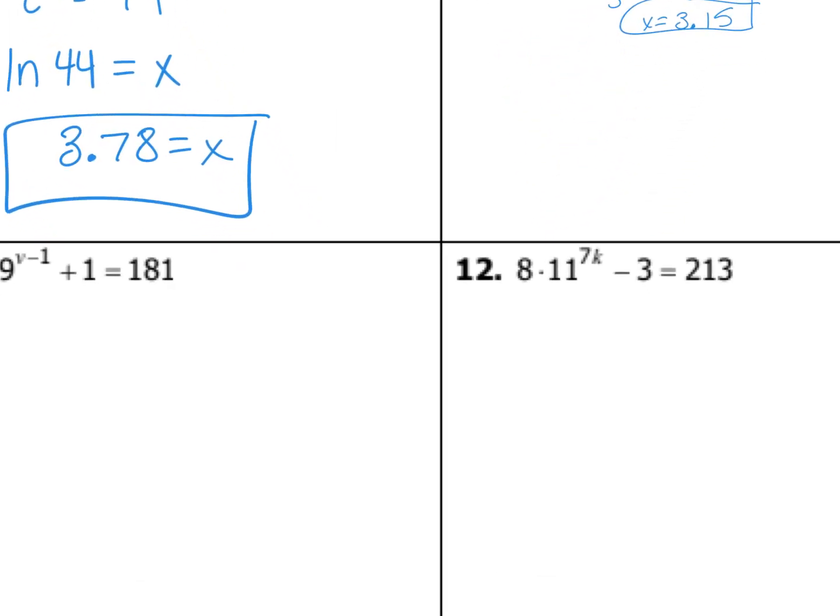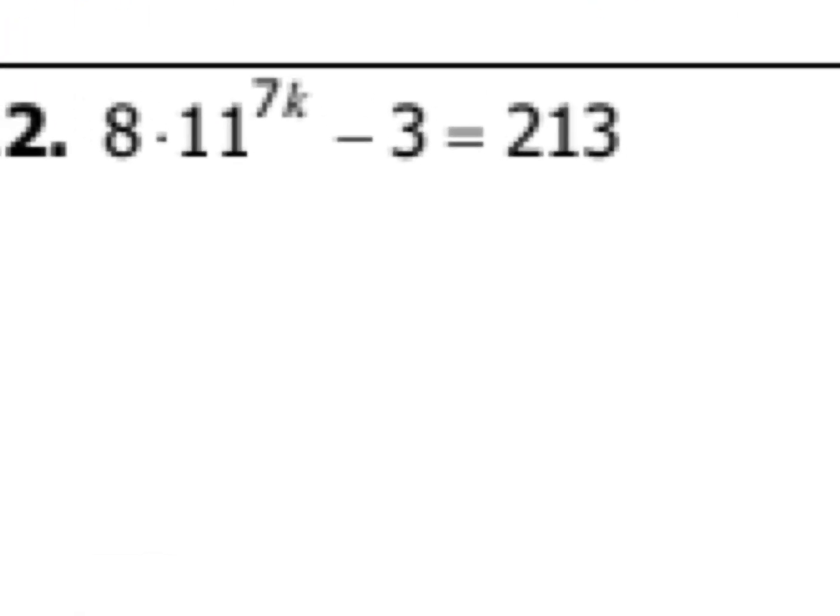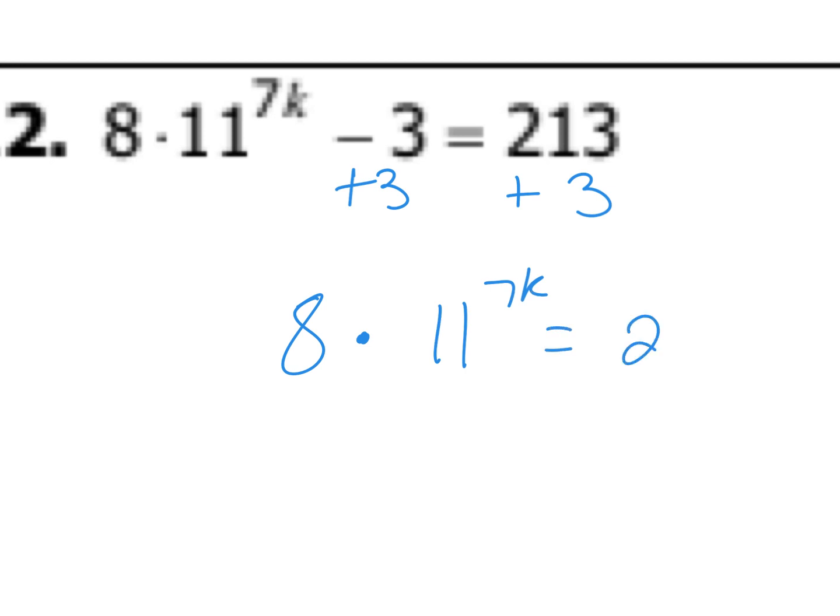Do you think you'd be able to do one like 11 or 12? I don't know if we need to, but let's at least talk through how to isolate one of the two. Which one do you want to do first? Or just do? We don't have to do both. 12? Okay. How would you isolate 12? Add 3. So you'd get 8 times 11 to the 7k equals 216. And then you would divide by 8.